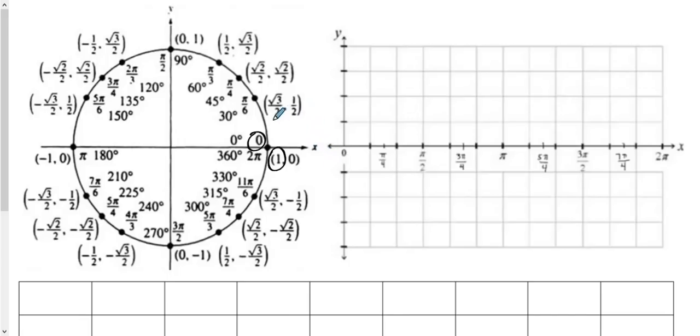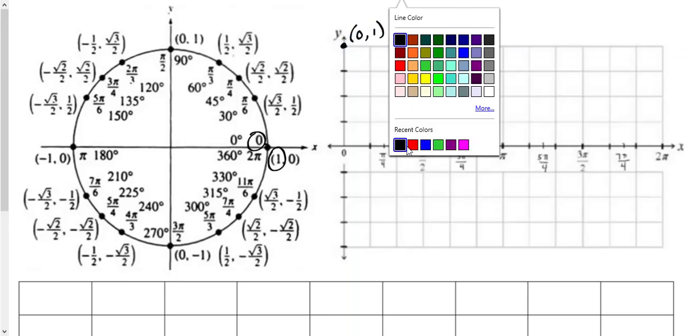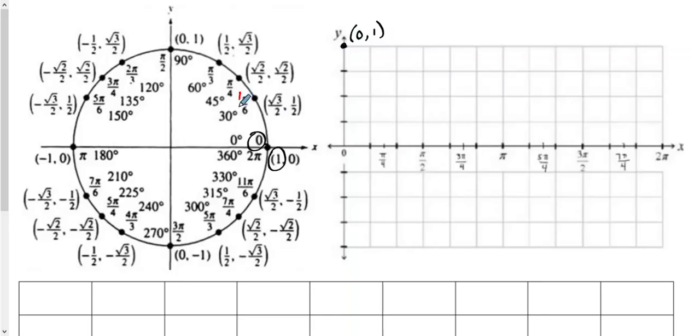So my first point is going to be at an angle of 0 radians, and our x-coordinate at this point on the outside of the unit circle is a 1. So my first point will be the point 0, 1, right here at the top. We're going to do the same color coding here. At pi over 6, our x-coordinate is root 3 over 2.